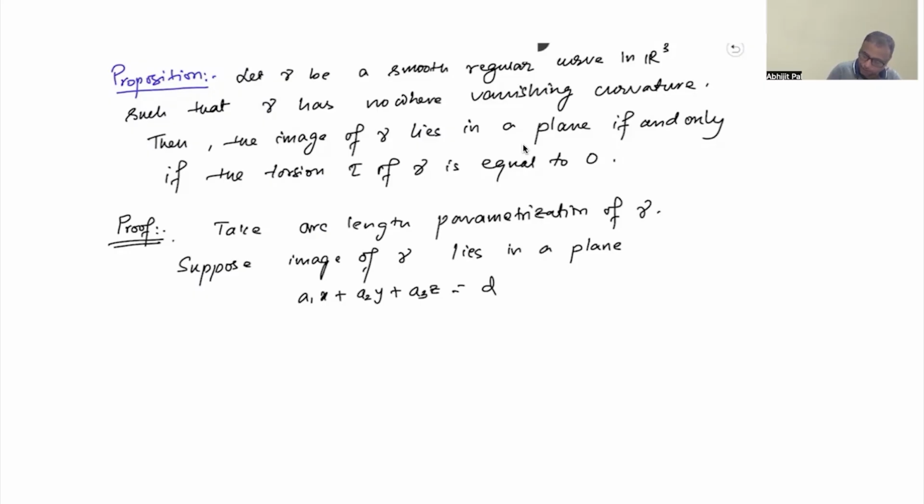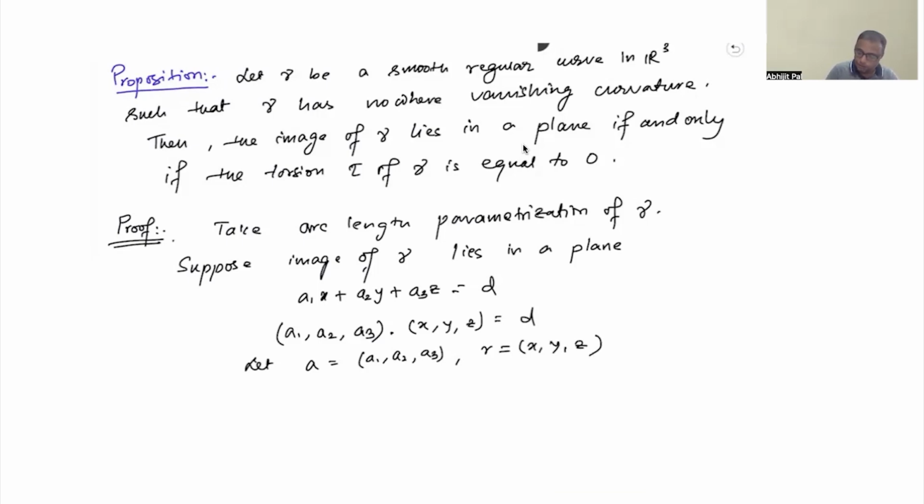This plane you can write in this way: take the vector a1, a2, a3 and take the dot product with the vector x, y, z. Now let a be equal to a1, a2, a3, and r equal to x, y, z.